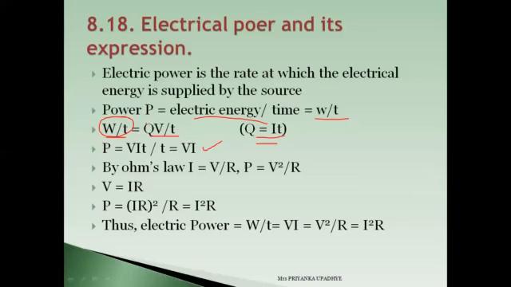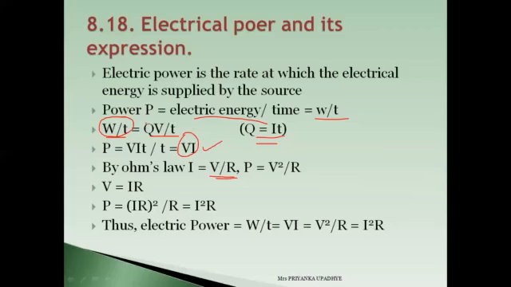Now, by Ohm's law, we know that I is equal to V divided by R. If we substitute V by R in place of I in this equation, what will we get?